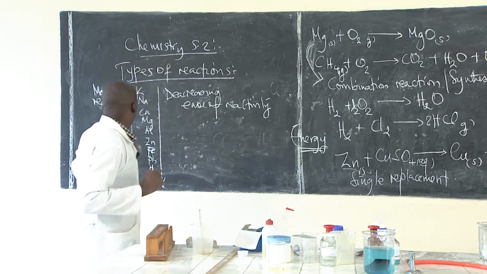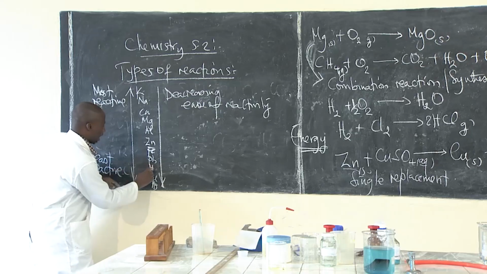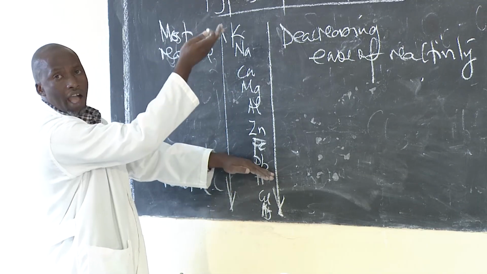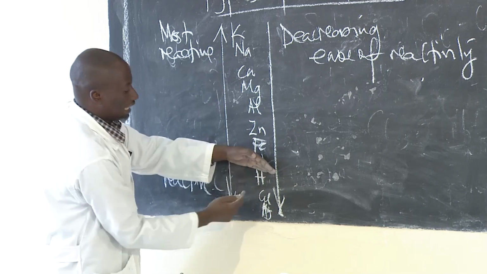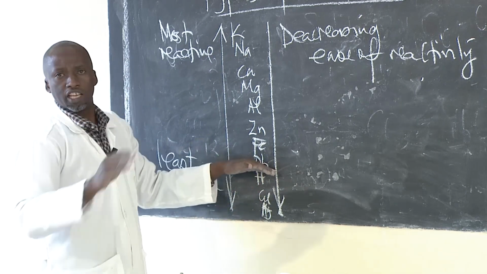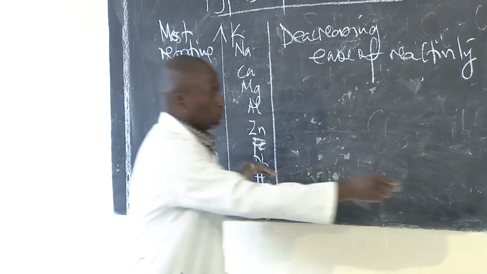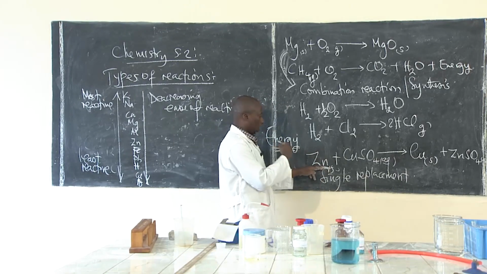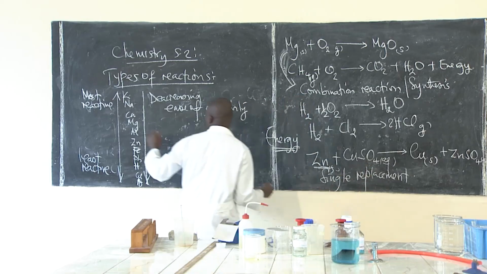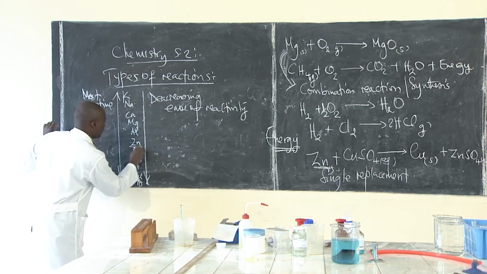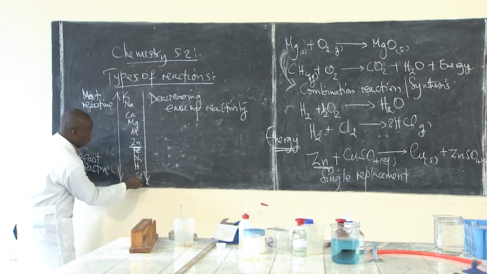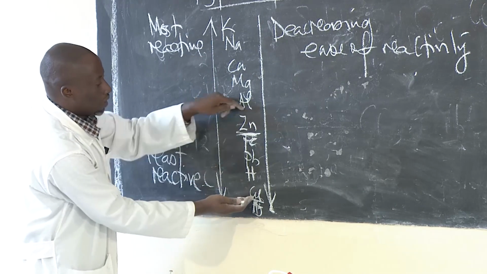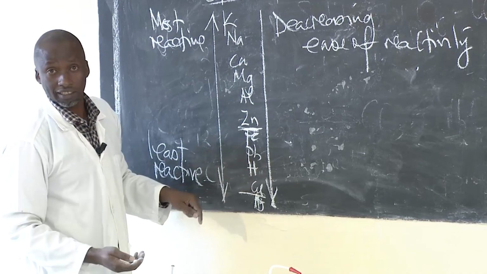What does this mean again? It means that any metal above hydrogen, you see where hydrogen is, can displace it from any acid solution. If I use zinc and copper as an example, zinc is more reactive than copper, and therefore this reaction can take place.